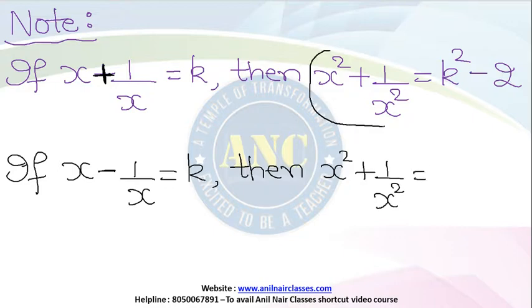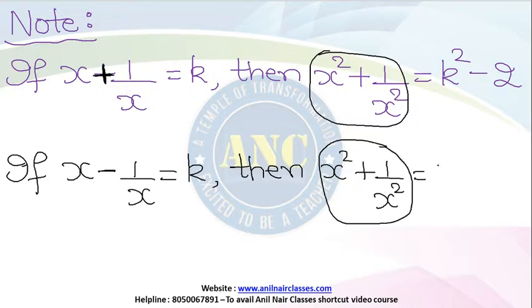This particular thing will be the same in both the cases. Don't get confused. Right hand side of the then condition becomes, instead of k square minus 2, it becomes k square plus 2. The proof is also very simple, sir. Let us not waste our time in proving all these things.